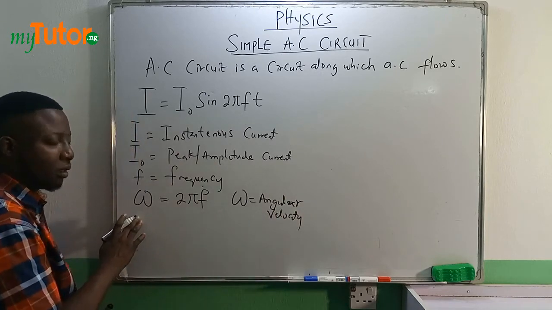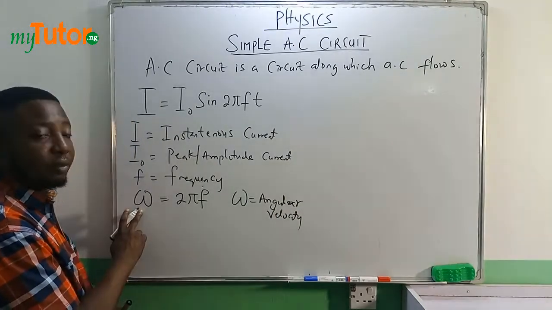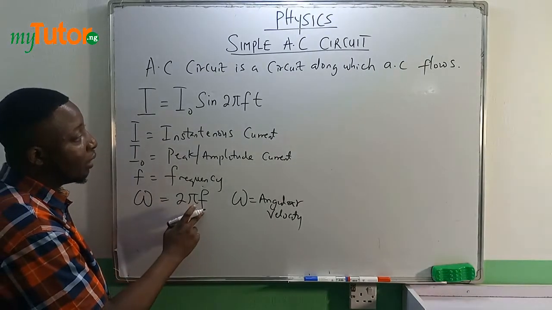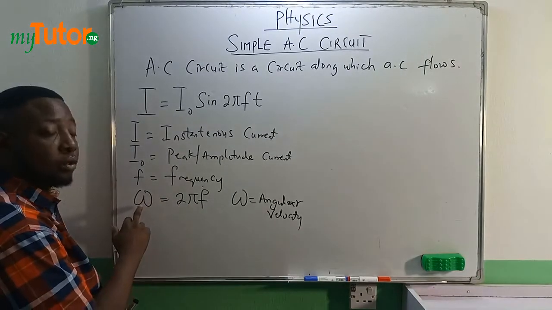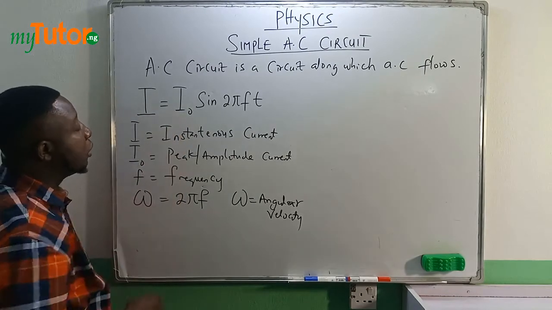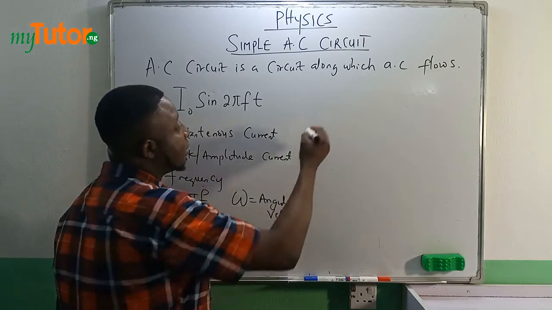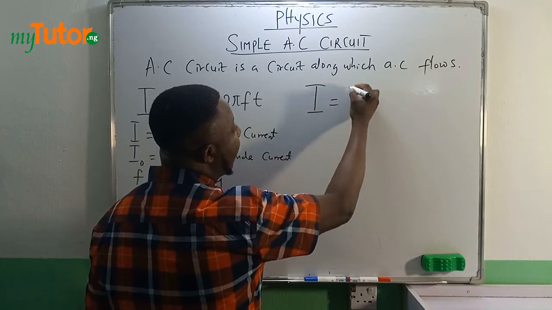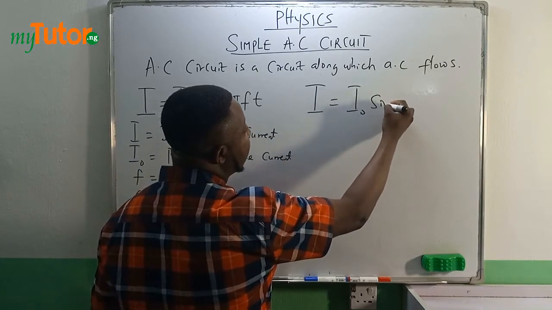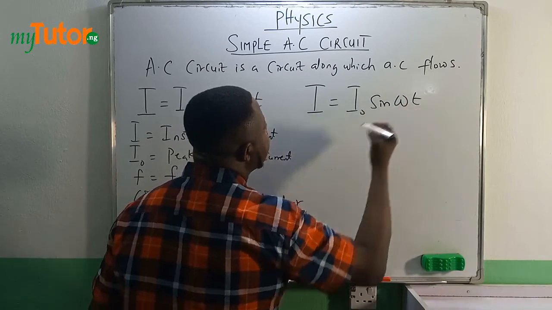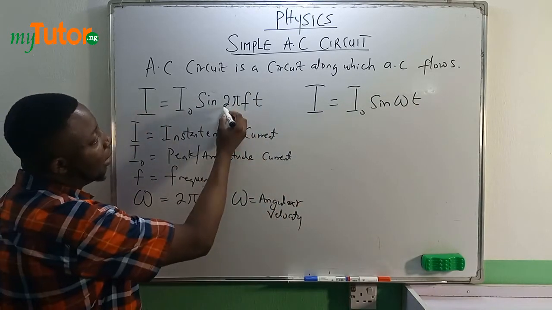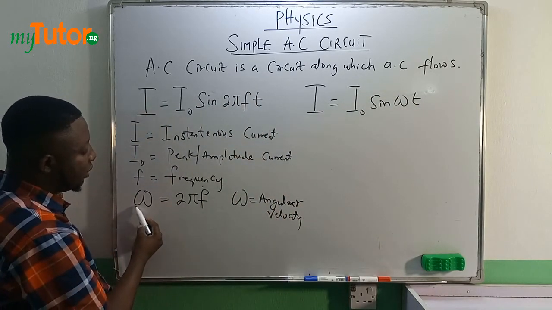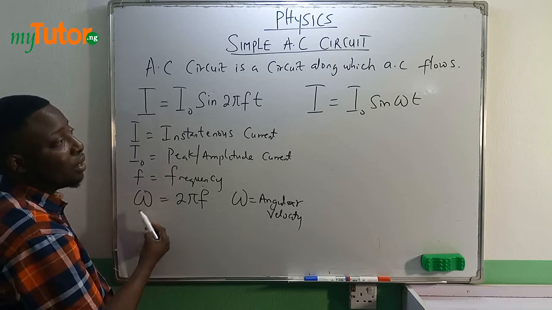So with this representation that angular velocity is equal to 2 pi f, if we substitute omega into this equation, then that will give us that our alternating current I is equal to I naught sine omega t. So our 2 pi f has been replaced by our omega.